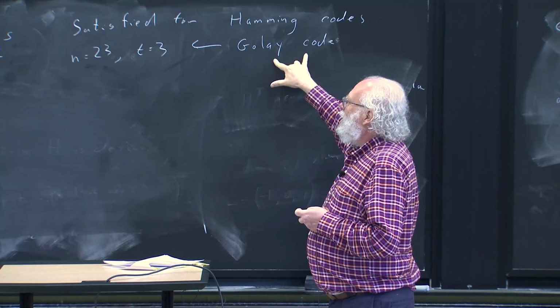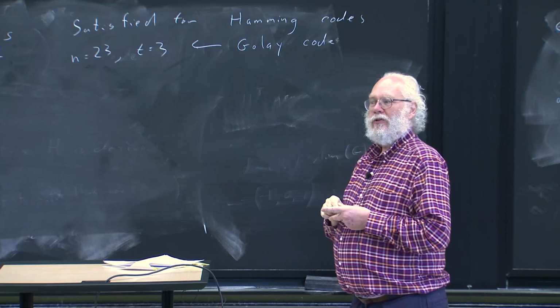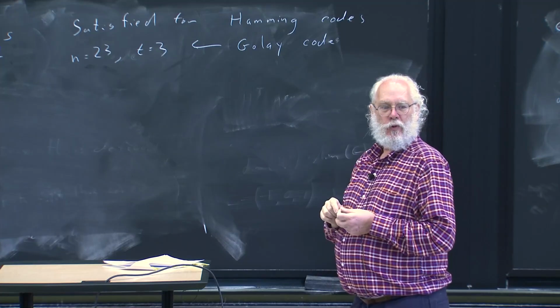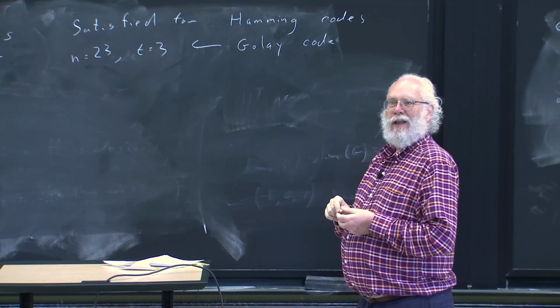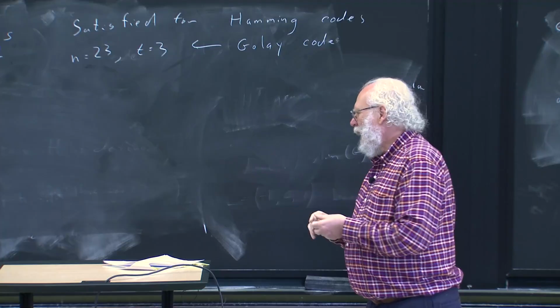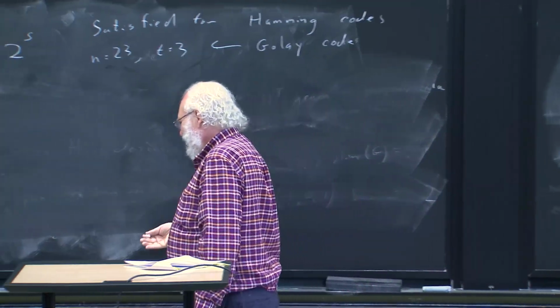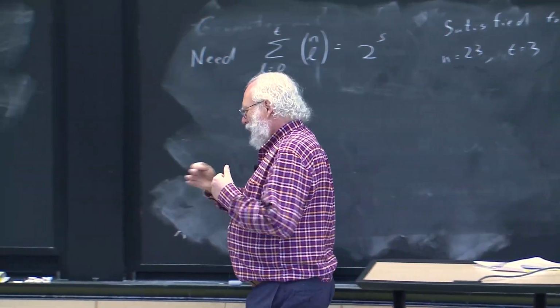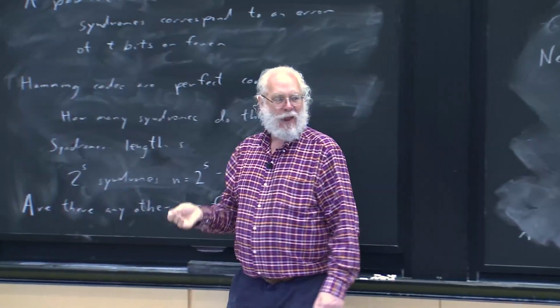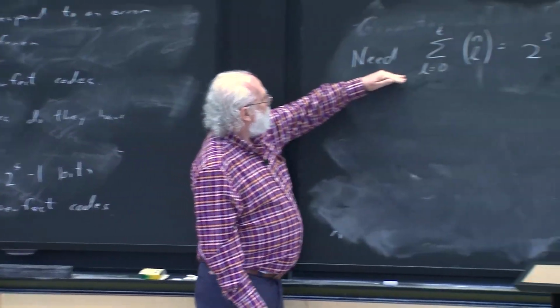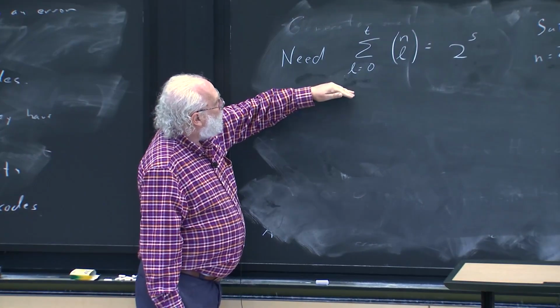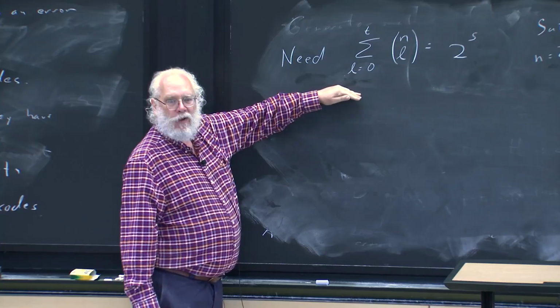This is actually a remarkable mathematical construction which is related to finite simple groups. But we don't have the mathematics to go into that, and I certainly don't have time. But this is the one other binary perfect code.